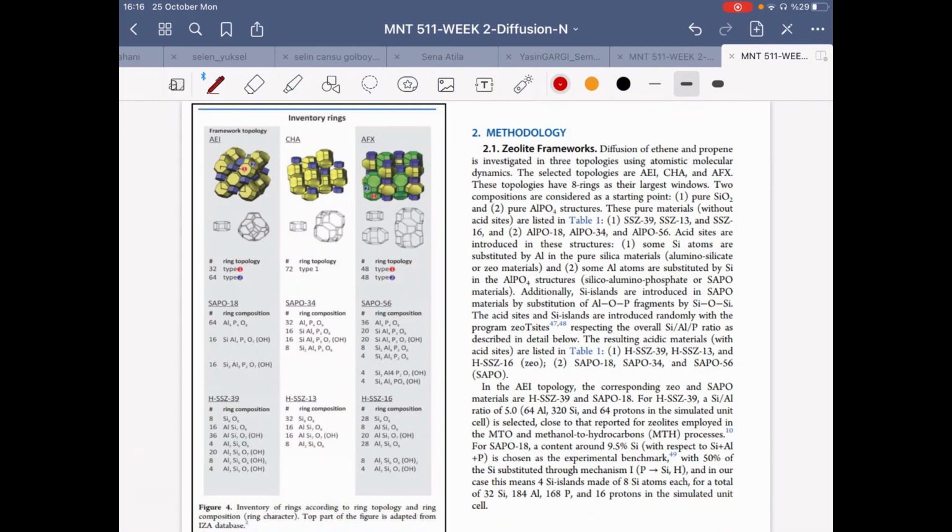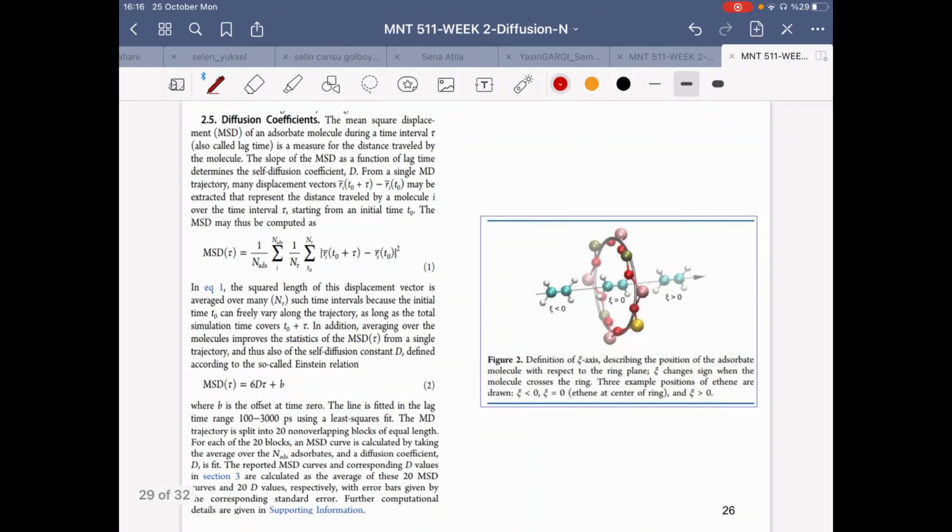These are the different ring structures that they used. They gave a summary of what the ring topologies look like, this is SAPO, and then these are the acidic forms of these materials. There is a good methodology that they summarized here, which we'll talk about in our live session to make you a little more familiar with these things.